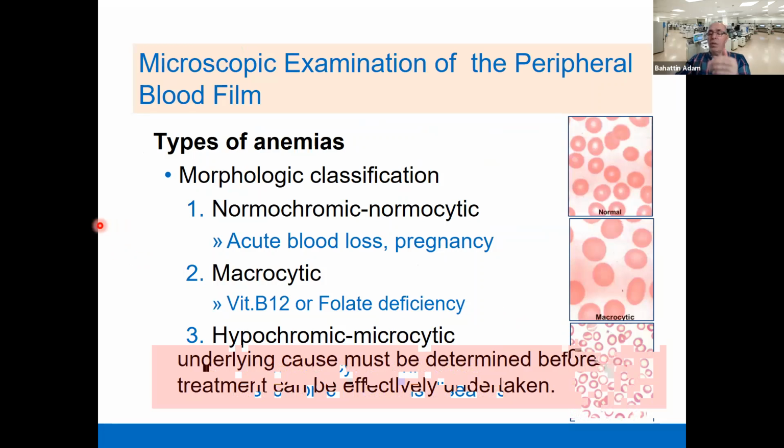In terms of alteration in color and variation in size, as you see here, the morphologic classification of anemia: normochromic, normocytic. What does that mean? Normochromic means the color is normal as expected; it takes the stain normally.